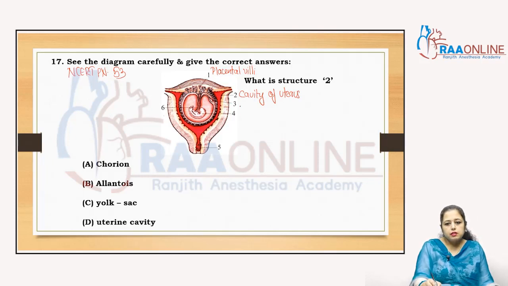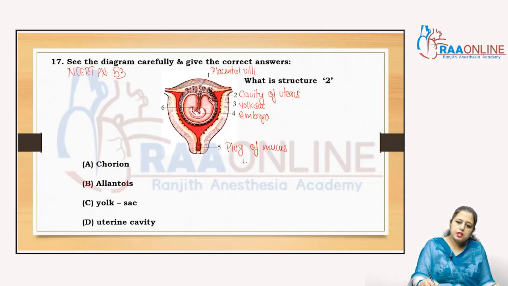Then that third one is the yolk sac. It's a sac like structure. That is the yolk sac. That fourth one is the embryo. That fifth one is the plug of mucus in cervix. Cervix is the mouth of the uterus.